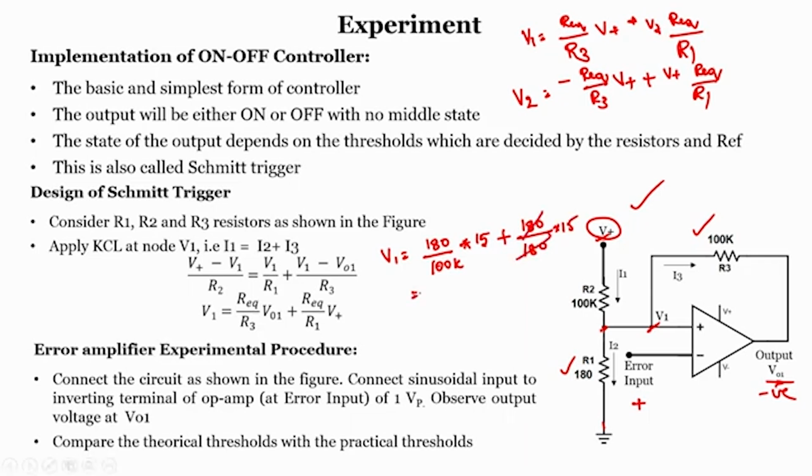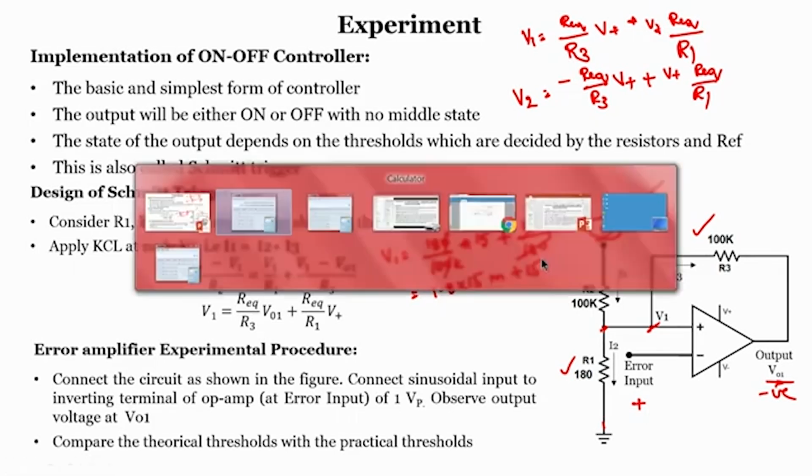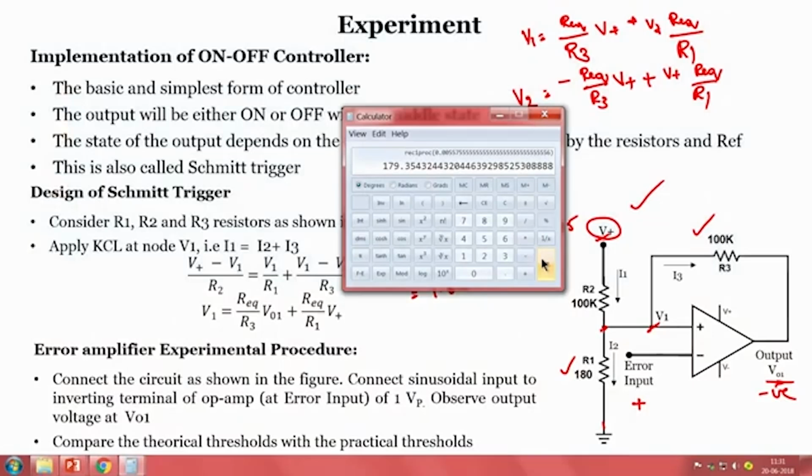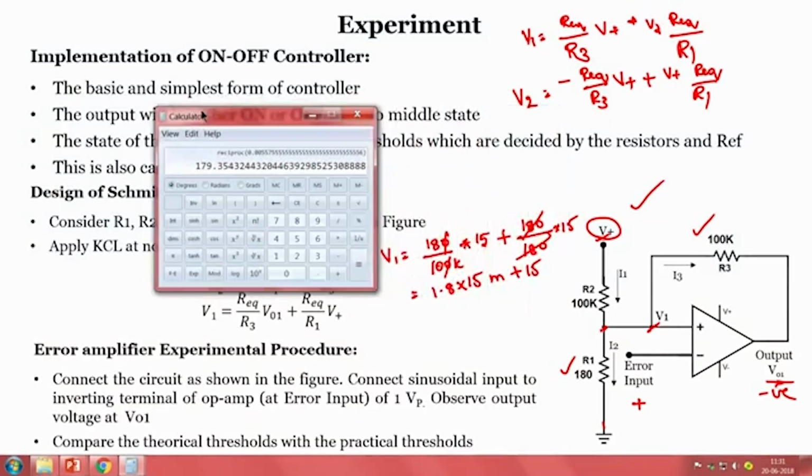So, 180 by 100 K, that is 1.8 into 15 milli, plus 15. So, 1.8 into 15 into 0.001, it is milli, plus 15. So, one threshold is 15.027.